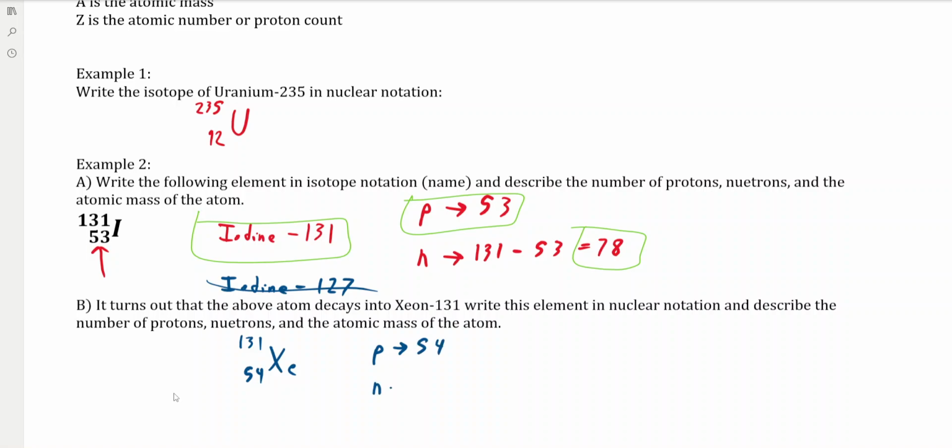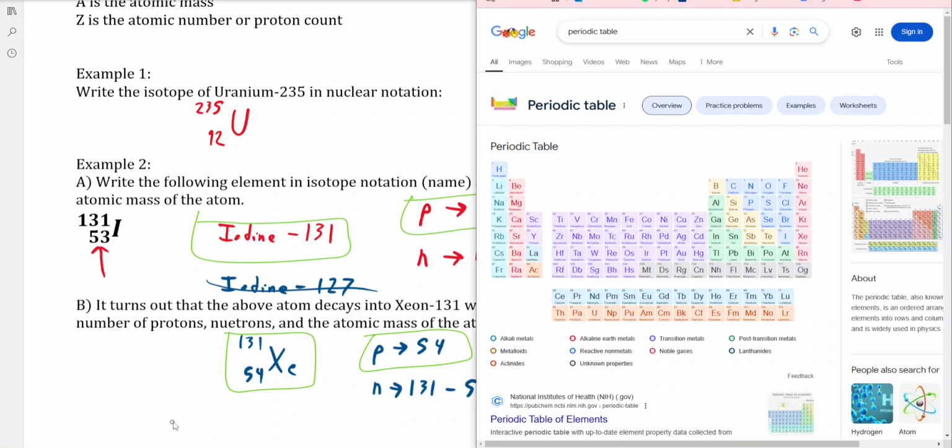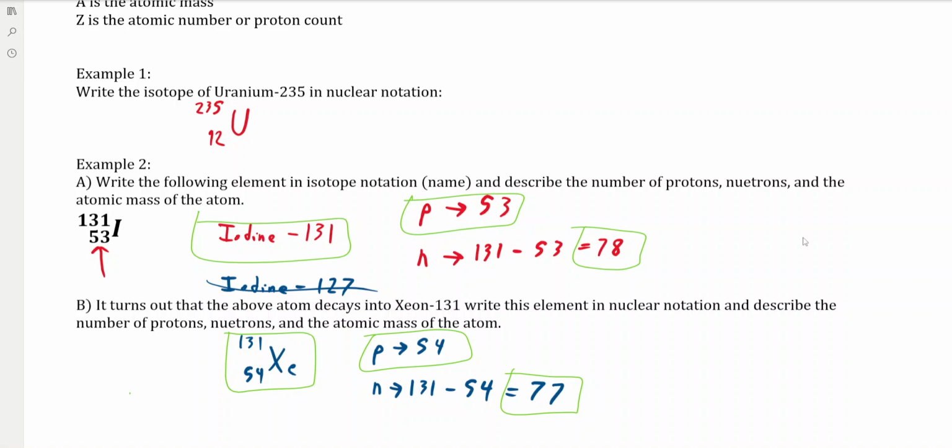And so our neutron count, you're going to see, is 131 minus 54. So our neutron count has actually decreased, and now we have a neutron count of 77, which is probably closer to being happy. When I say happy, closer to being like the normal amount. And look at that, it is 131. And so that's why it wants to decay into that form, is because it's closer to its, quote-unquote, happy state.